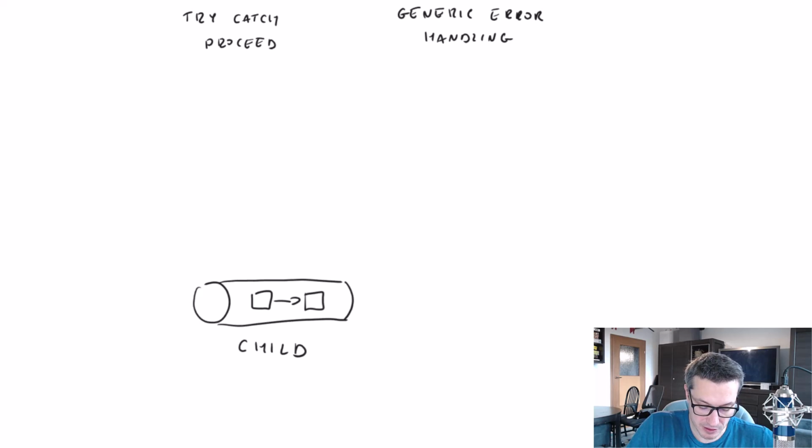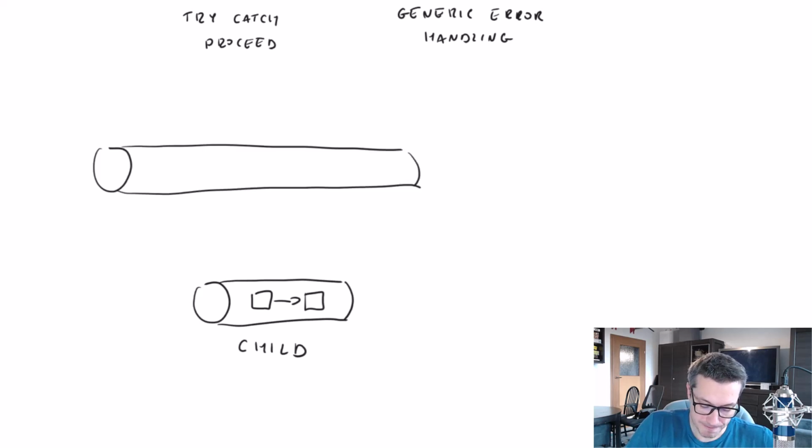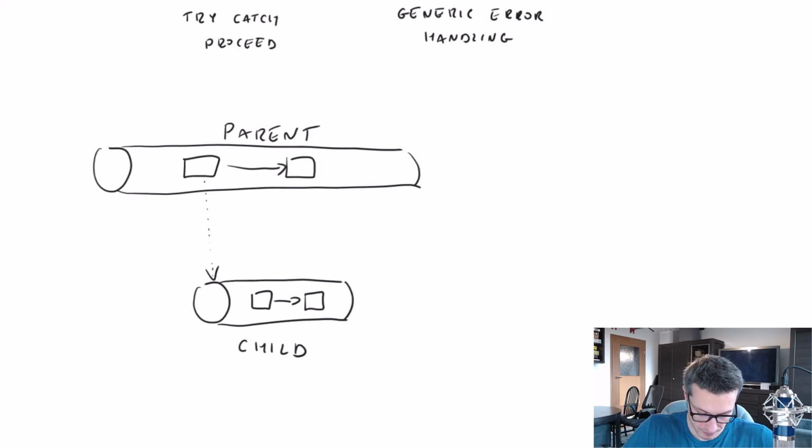And apart from that, we would have a parent pipeline that would have two activities. The first one would be to call the child and then do something else.